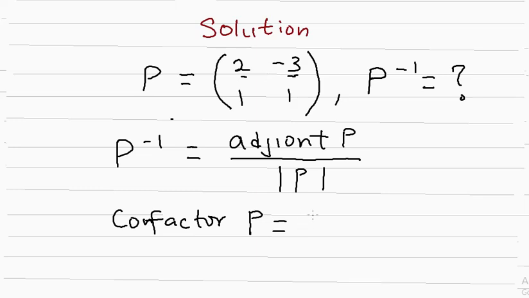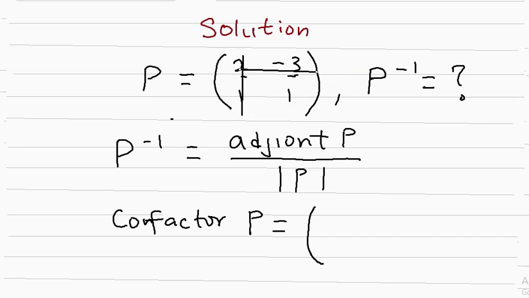For example, the minor of 2 is the element I have left if I cross the column of 2 and cross the row of 2.